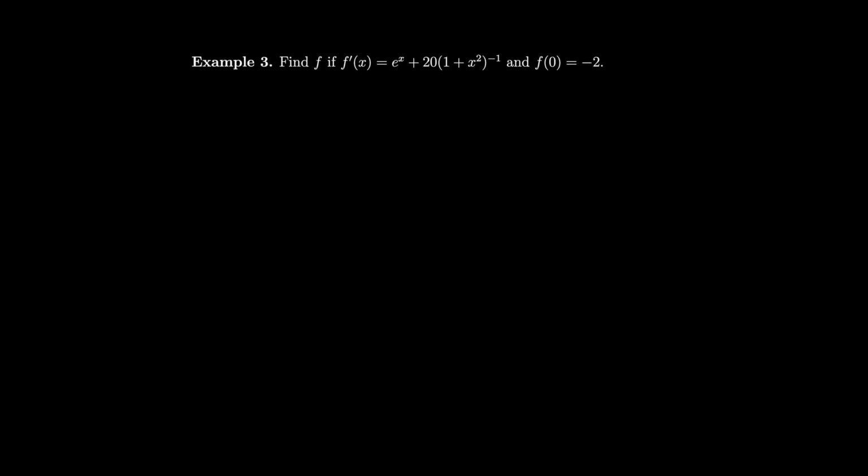Let's find f if f prime is equal to e to the x plus 20 times 1 plus x squared to the minus 1, and f of 0 is minus 2. So let's start by writing out our derivative. We've got f prime equal to e to the x plus 20 times 1 over 1 plus x squared. Notice that we're not writing this as capital F, we're writing it as f prime just because they gave it to us that way.